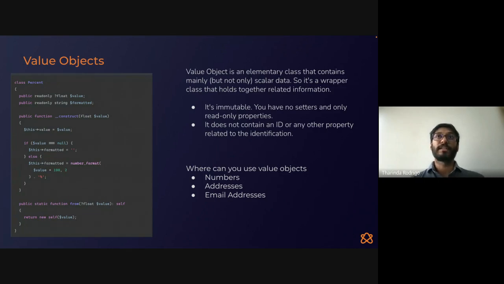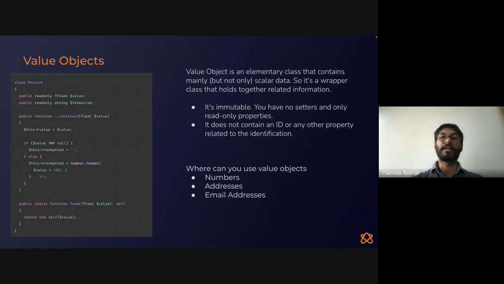A value object is an elementary class that contains mainly scalar data, but not only scalar data. The main thing about this is it does not identify any entity. Because it doesn't have an ID, it's not mutable as well, so you cannot change anything.